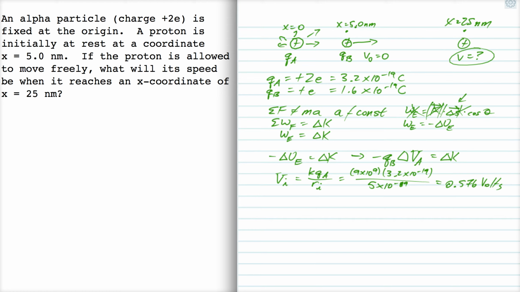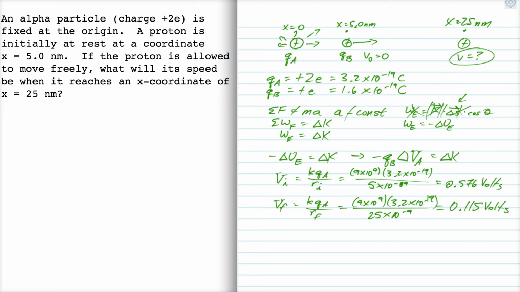Then our final potential, VF, is going to be K QA over RF, where RF is 25 times 10 to the minus 9. So we basically are just going to take this first answer and divide by 5.